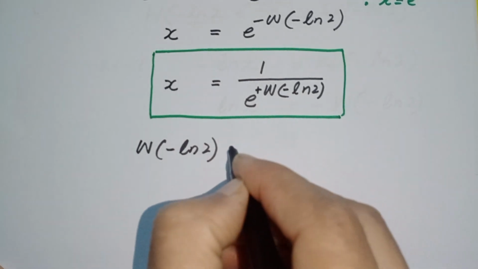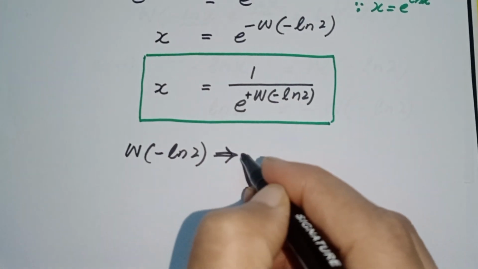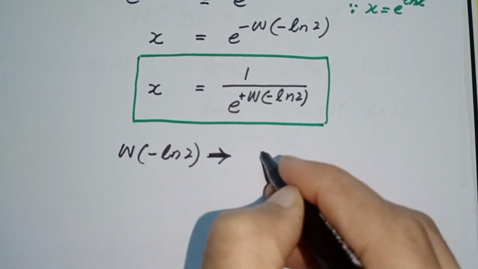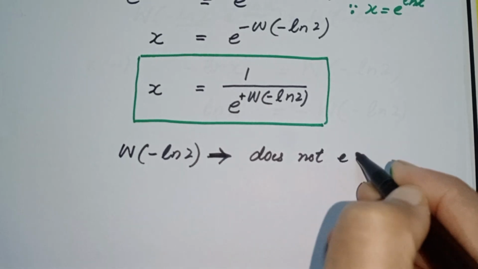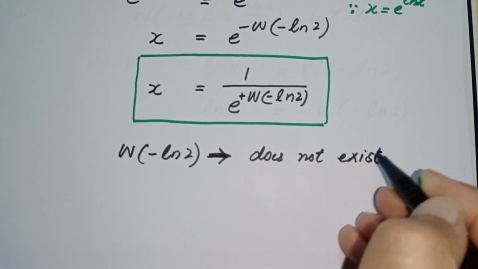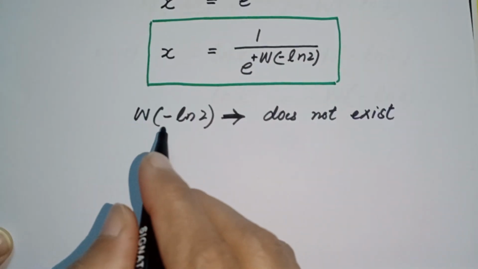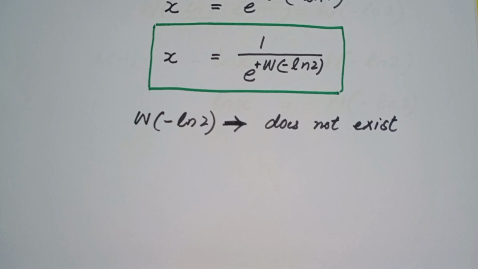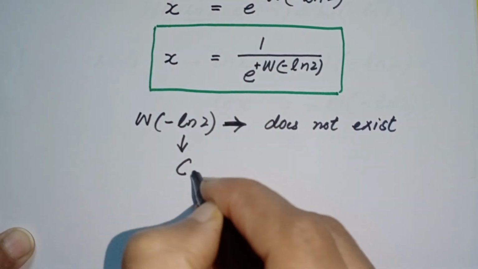So the Lambert W function of minus natural log 2 does not exist if we use a calculator to find out its value. It means it is the complex root. It is a complex value. It's not a real value.